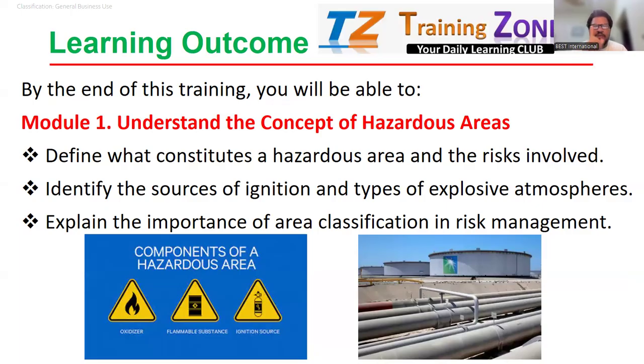If you only implement one SOP, one procedure, the work permit system or permit to work, whatever the guys are going to do in a hazardous area, you don't let them go there without a permit. And yes, we all know a permit cannot be issued until we identify the hazards, until we plan proactively all the controls. And regarding controls, we have two approaches: either reactive or proactive.